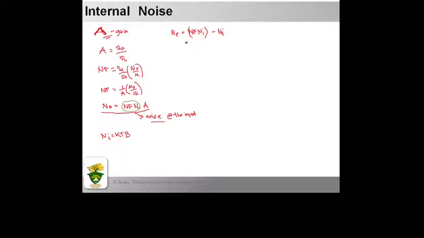So let us substitute the value of Ni. Ni is equivalent to KTB. NF times KTB minus KTB. So therefore, our equivalent noise at the amplifier will be NF minus 1 times KTB. So that is our noise at the amplifier.